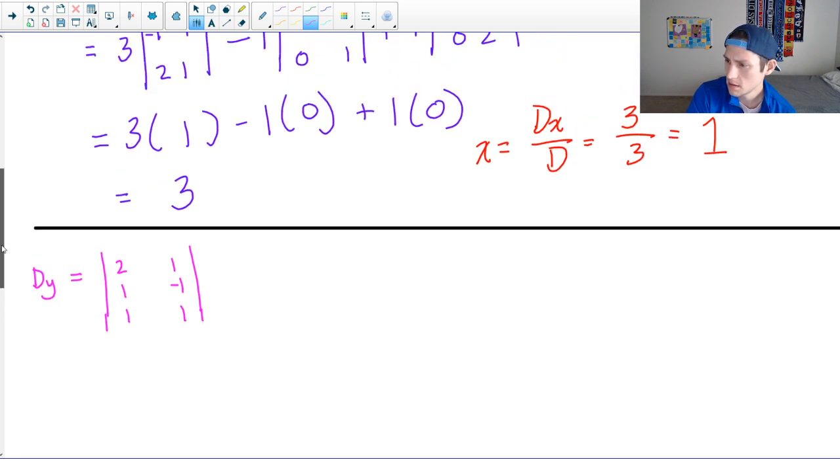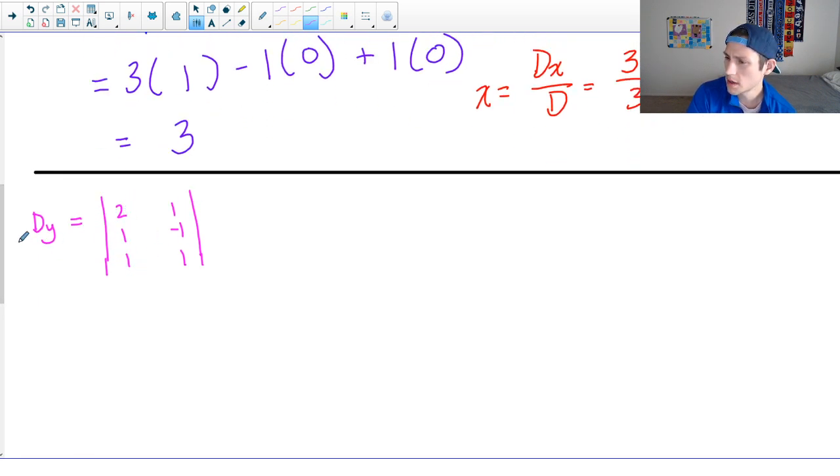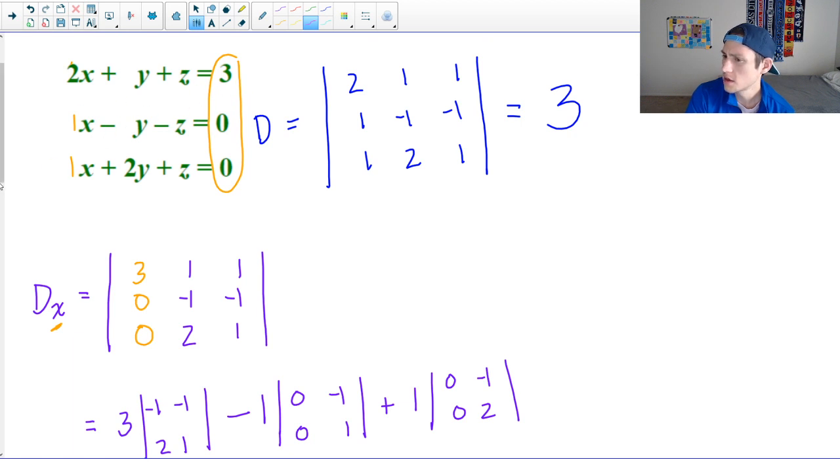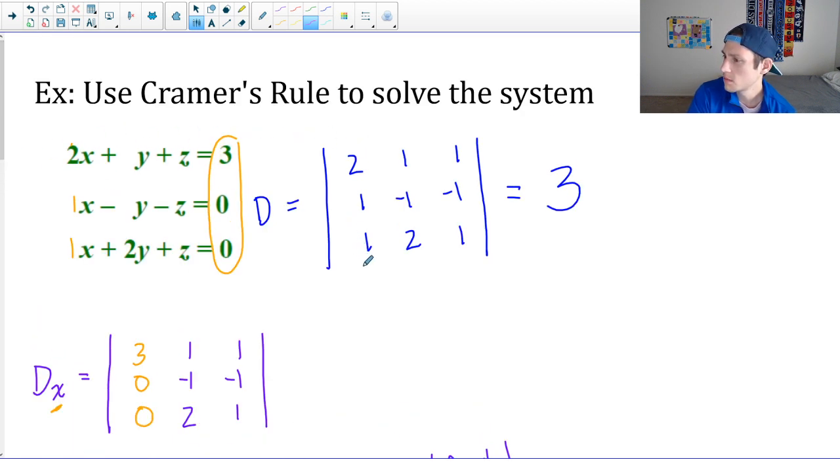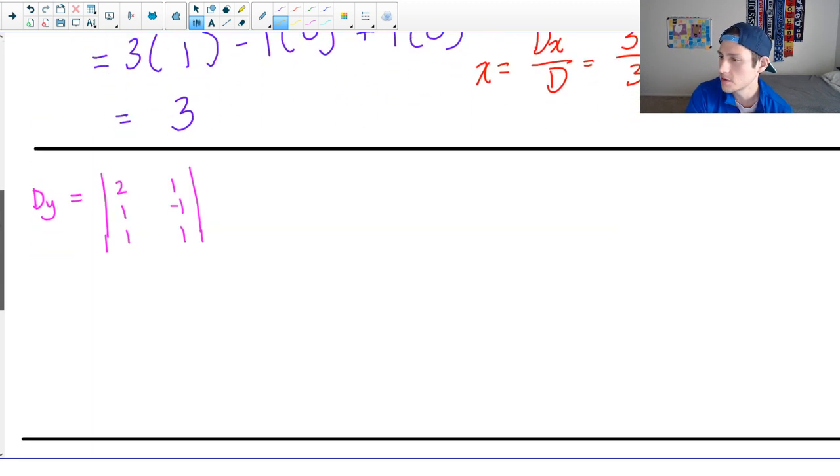Okay, these numbers 2, 1, 1, 1, negative 1 are the same things that come from this column and this column. But now, since we are doing dy, instead of keeping this y column the same, I'm going to do the same thing I did. I'm going to replace the y column with these values from the right side of the equation, 3, 0, 0.